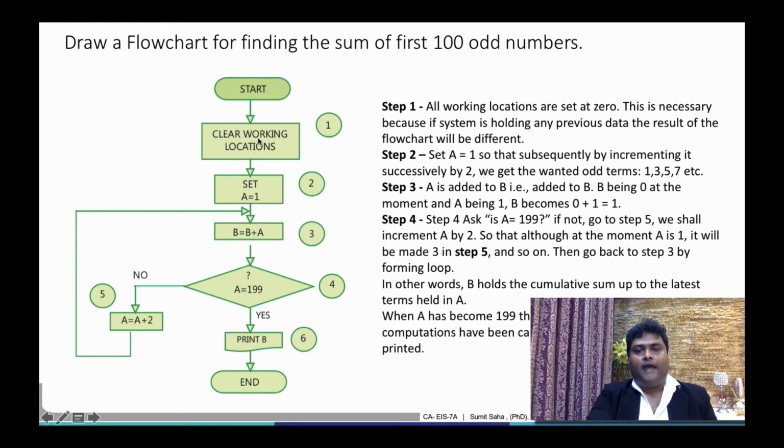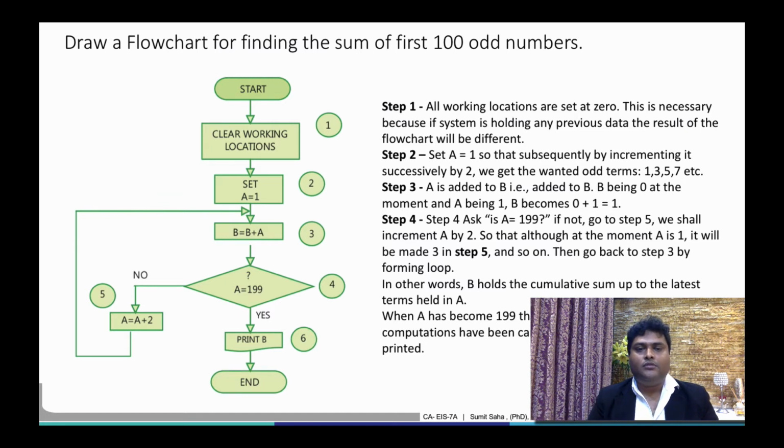Now, as we are doing computer programming, all the registers and all the working storage we will make 0. So we set everything to 0 first. Then we assume two variables, A and B. A is the starting number. A is equal to 1, because 1, 3, 5, 7 and so on.